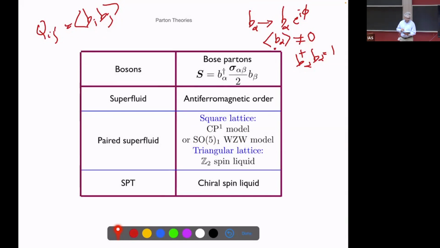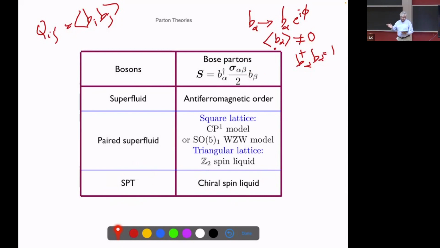Okay, what else can you do with bosons? Well, unfortunately, it turns out not very much. Bosons are kind of hard to deal with. In recent times, people have discovered that strongly interacting bosons can have what are called SPT phases. I'm not going to go into that. If these bosons have an SPT phase, and then you gauge the bosons, make these B alpha bosons be in the SPT phase, then you'll get the chiral spin liquid, which is the phase we're going to discuss today.